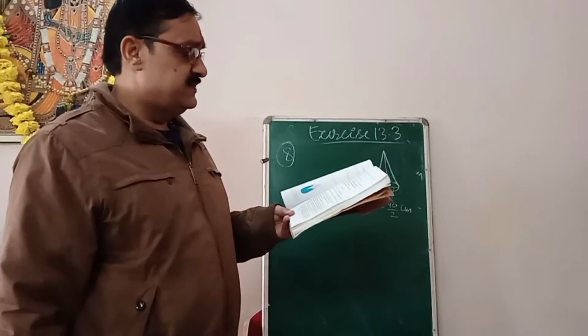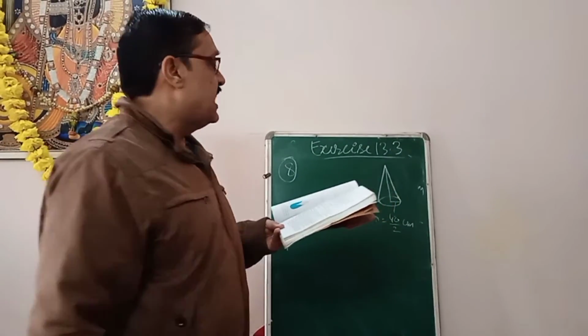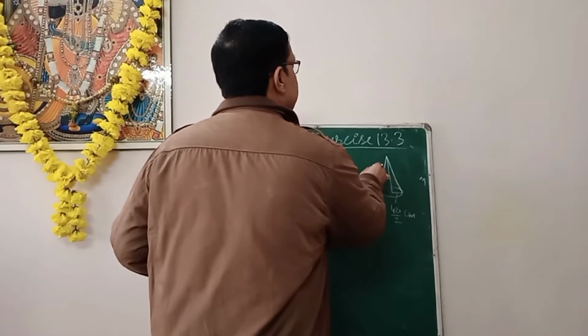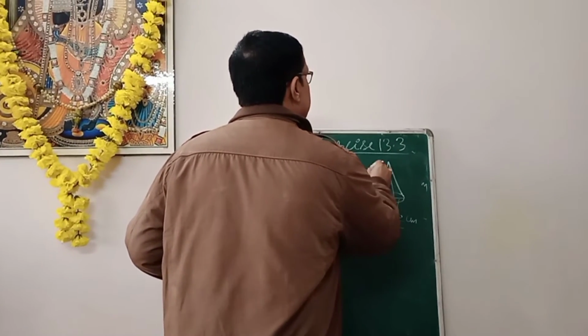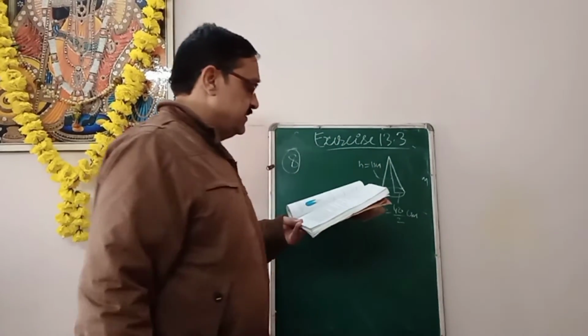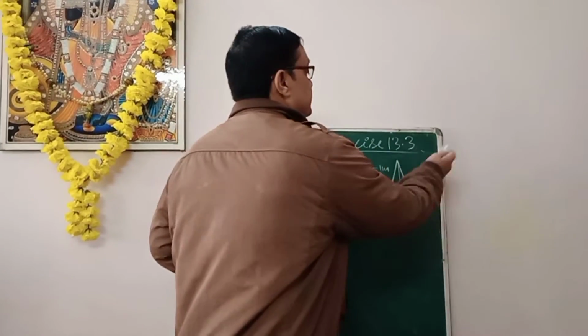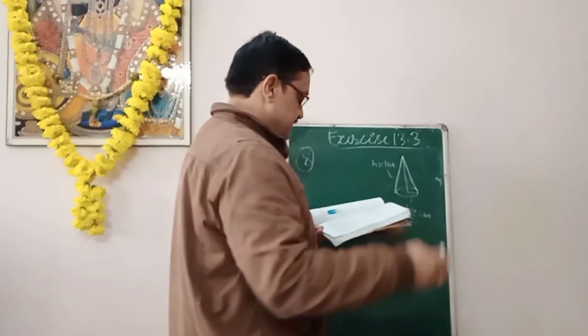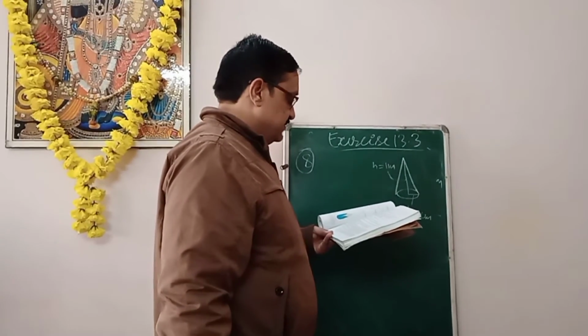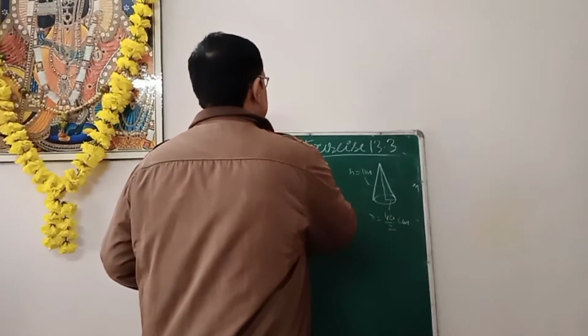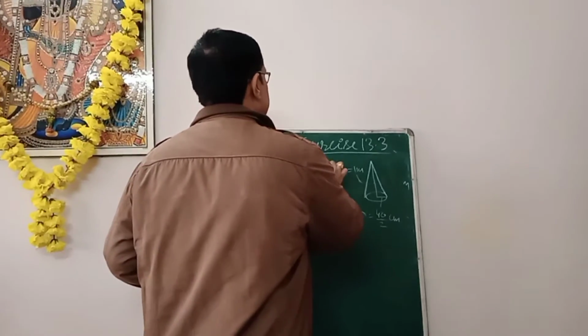Height is 1 meter, H is equal to 1 meter. The outer side means the curved surface area is to be painted.